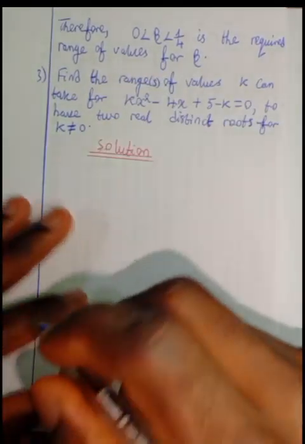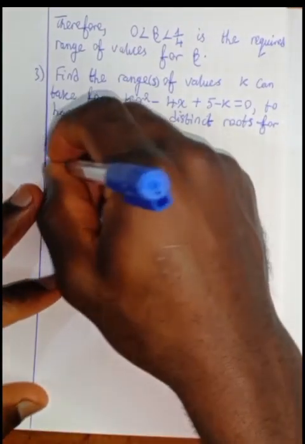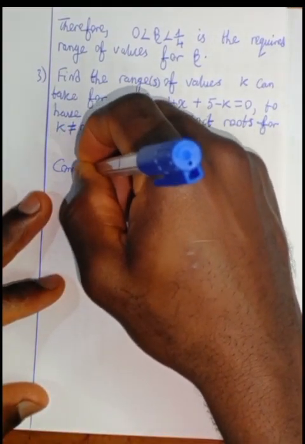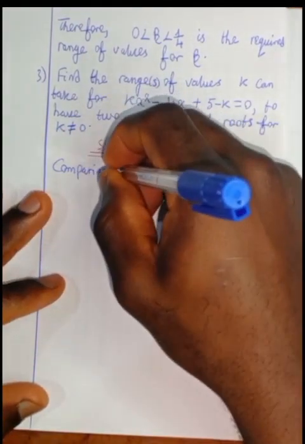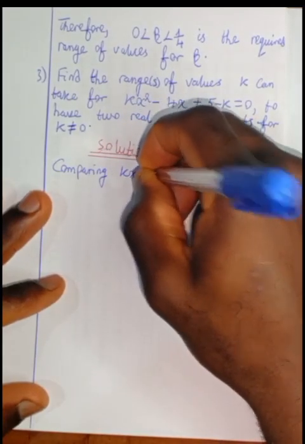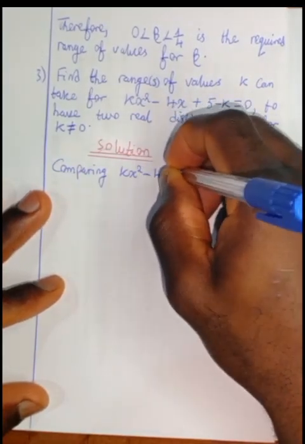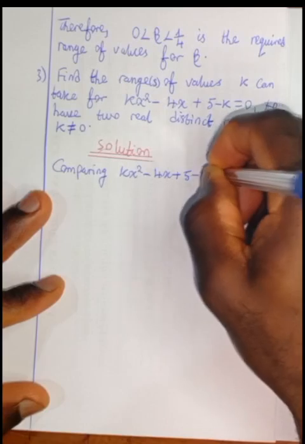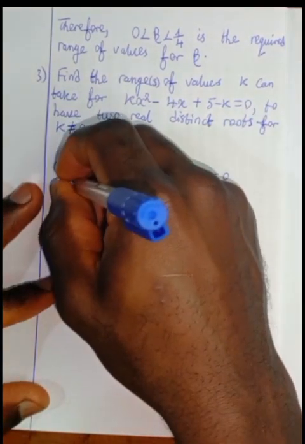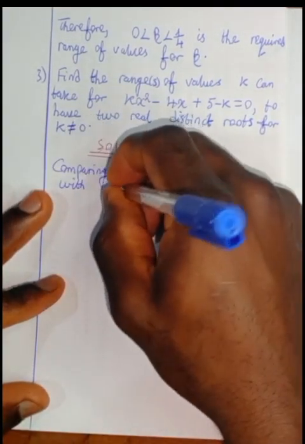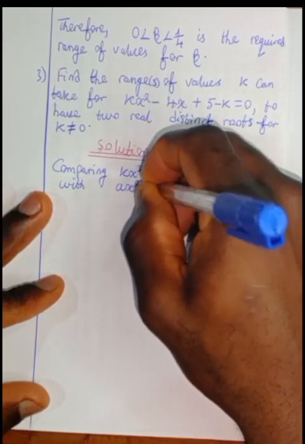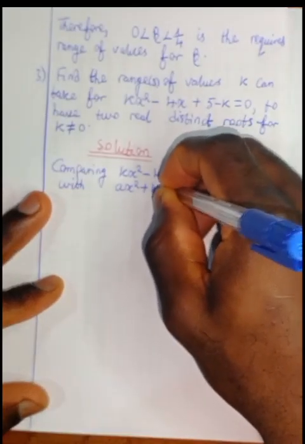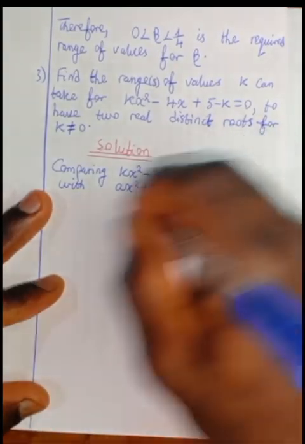The first thing, we are going to start by comparing the given quadratic equation, kx squared minus 4x plus 5 minus k equal to 0, with ax squared plus bx plus c equal to 0.